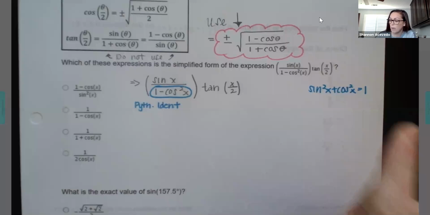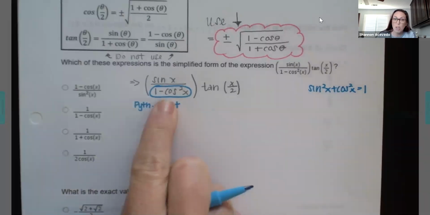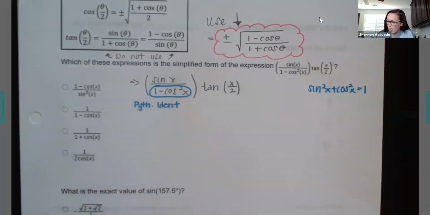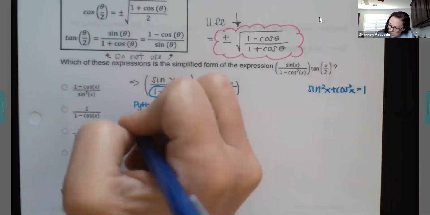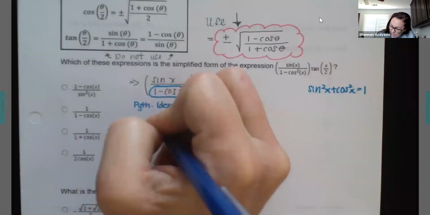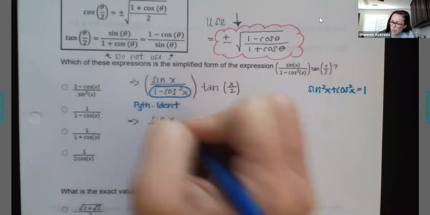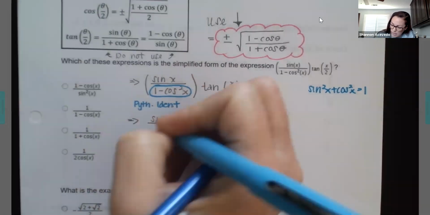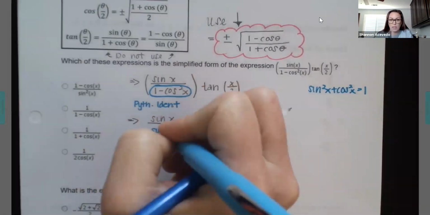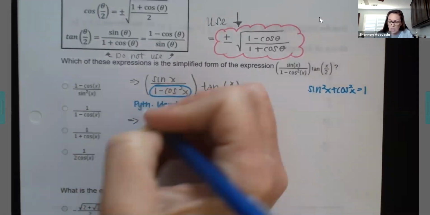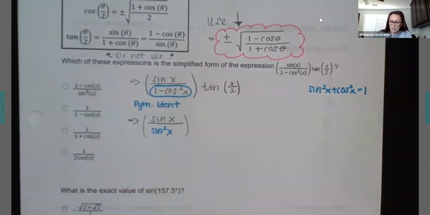That means that if I move my cosine over, this piece right here is equal to sine squared of x. So I could go ahead and rewrite this as sine of x all over sine squared of x, right? This piece right here.